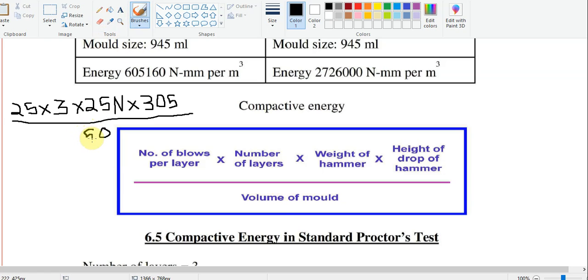So I'll take it as 945. So it is in terms of centimeter cube, and this height is in terms of millimeter.